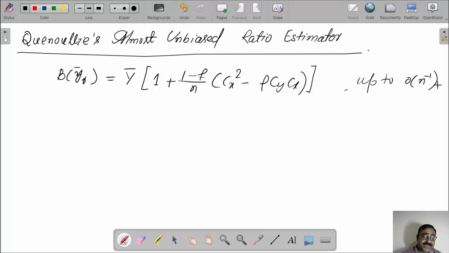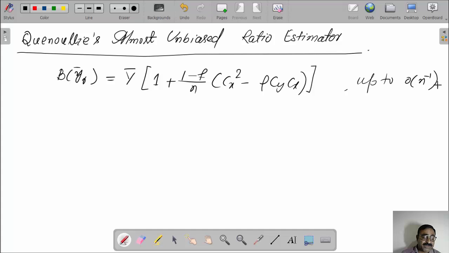But by this technique, an estimator is obtained which will have no bias of order n to the power minus 1, but has a bias of order n to the power minus 2, and so on. So the proposed estimator is approximately unbiased, and we call it almost unbiased ratio estimator.